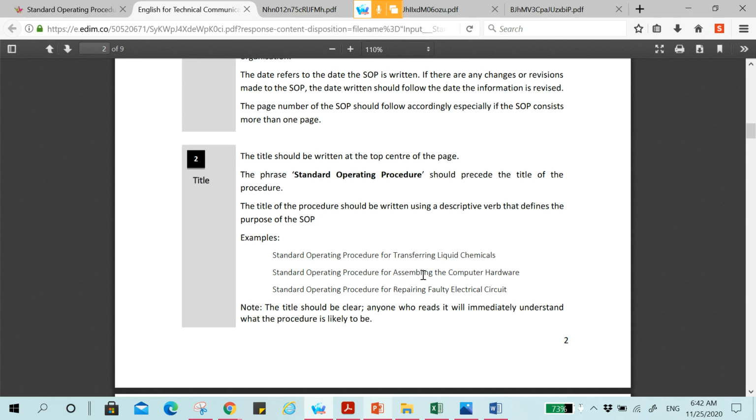Once again, Standard Operating Procedure would be the first step. Write Standard Operating Procedure, and then write for, and then write the descriptive verb with ing, for example, transferring, and then write more info on the process. For example here, liquid chemicals. So we know that the SOP is for transferring liquid chemicals. So we know transfer what here.